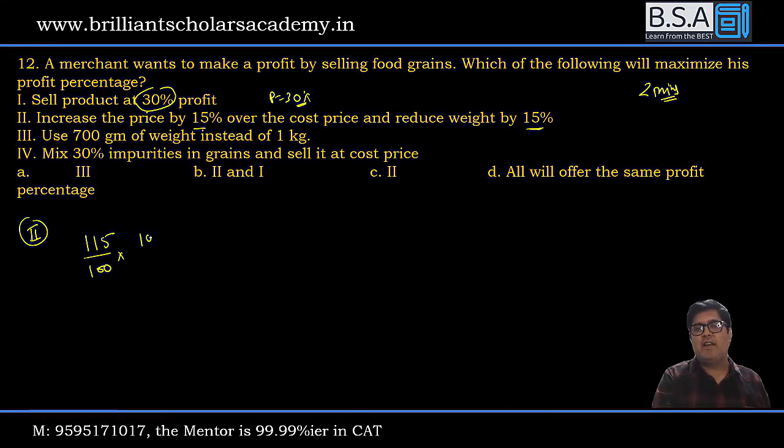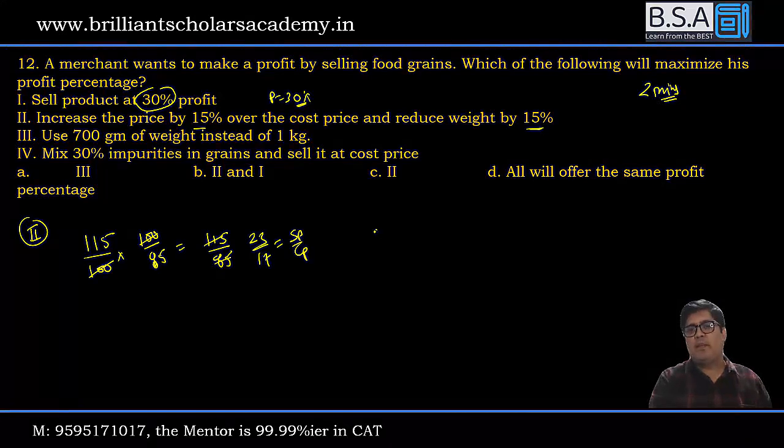You should deliver 85 instead of 100. So what profit percentage will I have here? 115 upon 85, which is 23 by 17, is equal to SP by CP. So what is the profit here? The profit is 6 by 17 into 100. Do you see?